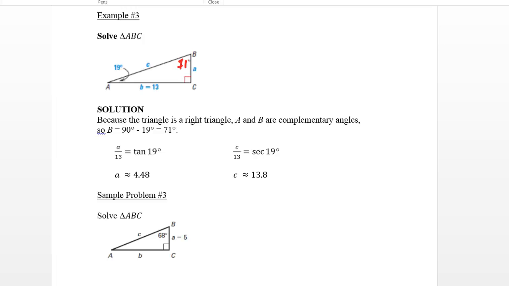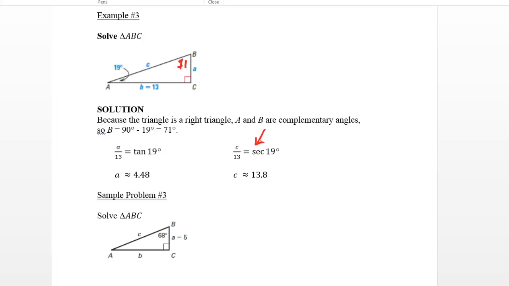Now, this last part comes down to a little bit of personal preference. It's up to you. You can use the 19 twice to find the missing parts A and C, like I did in the solution, or if you're not comfortable yet using the reciprocal parts like secant, instead of using 19, you could have used the 71 and used the appropriate part for that.